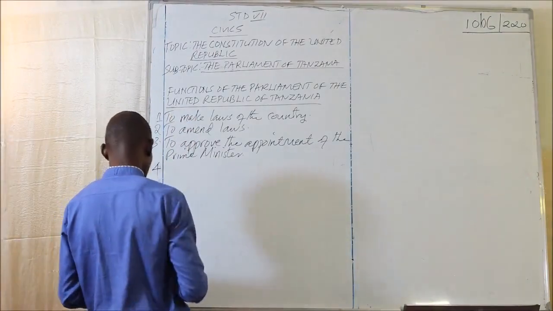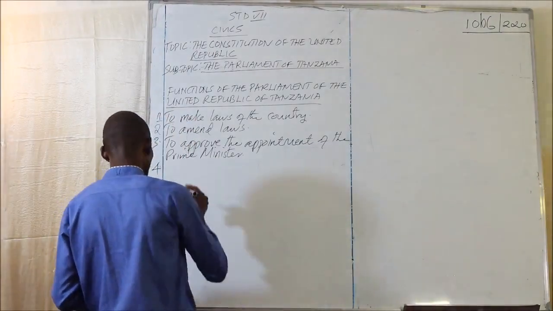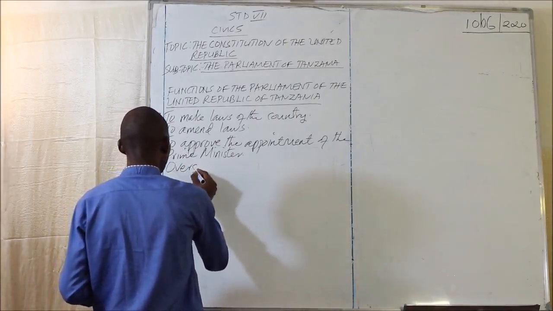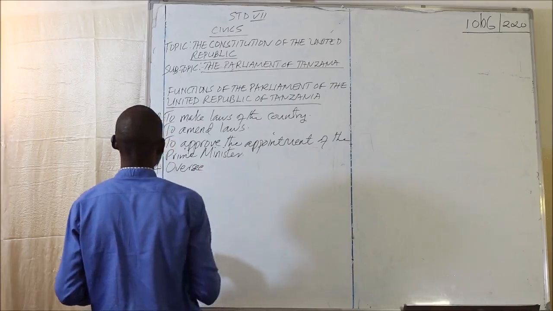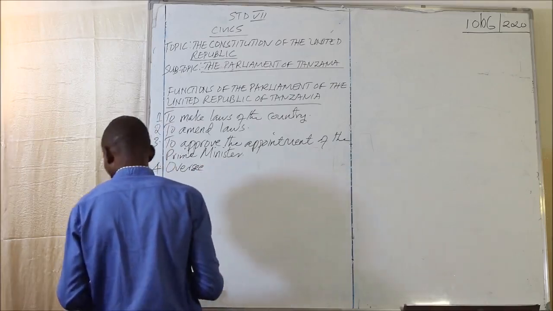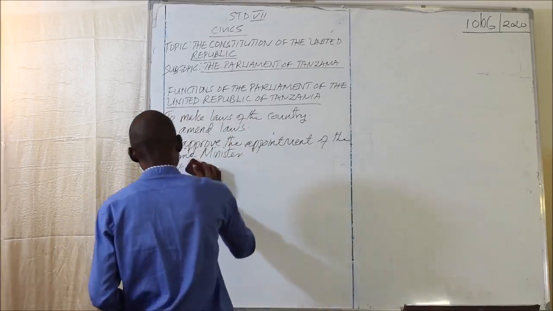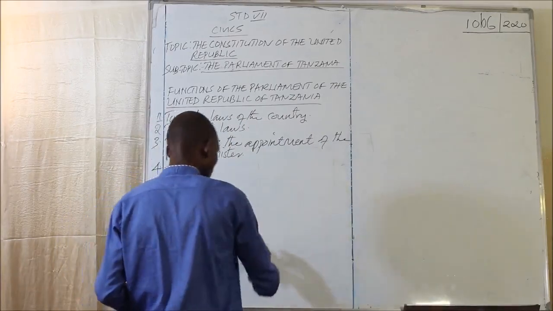Number 4. This is to oversee and advise the government.